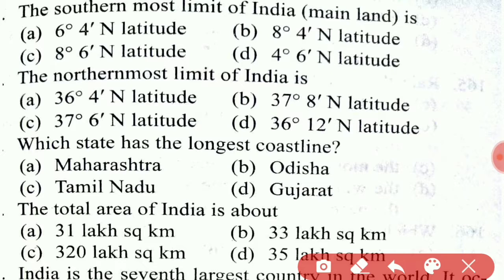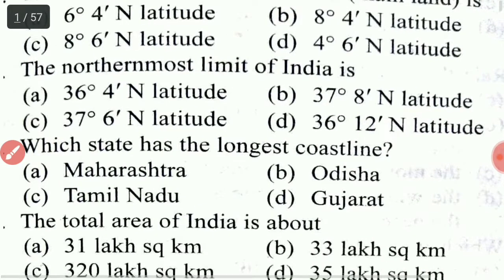The southernmost limit of India's mainland is 8 degree 4 minute north latitude. The southernmost limit of India's mainland is 8 degree 4 minute north latitude.